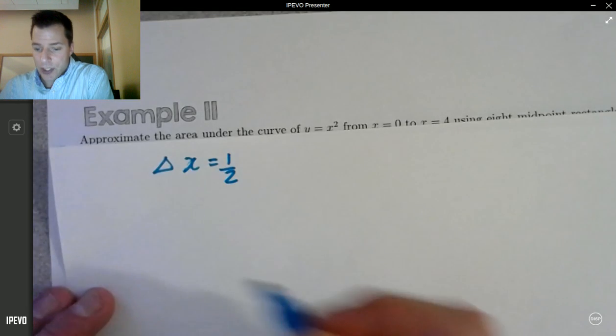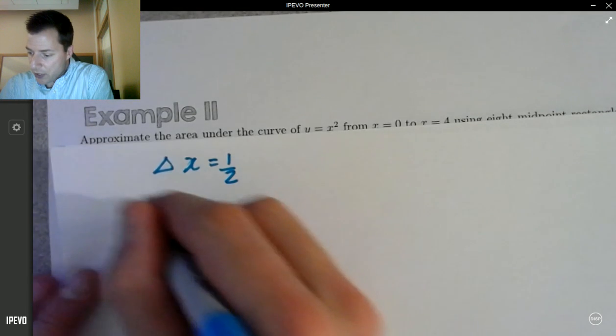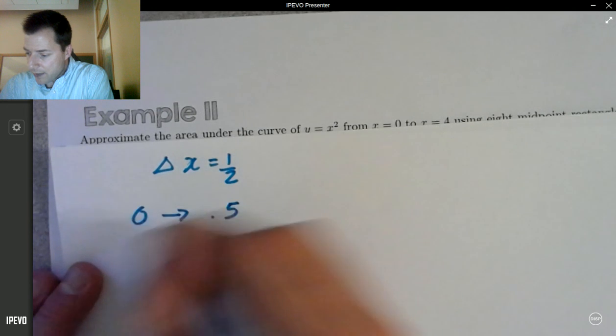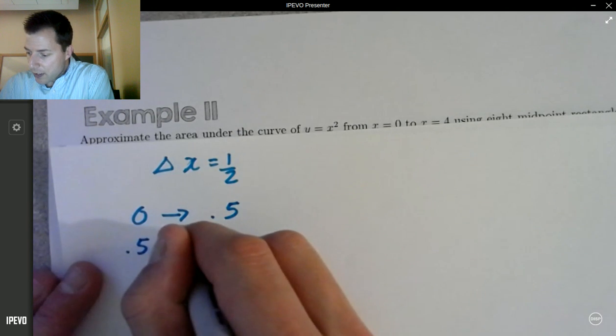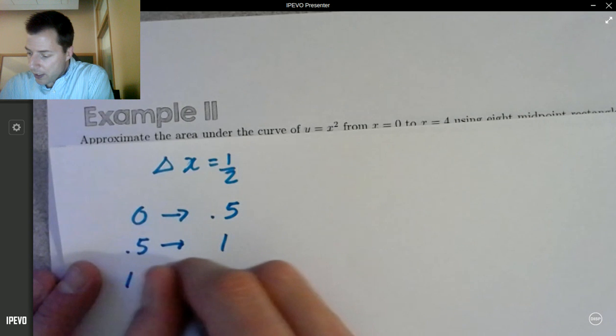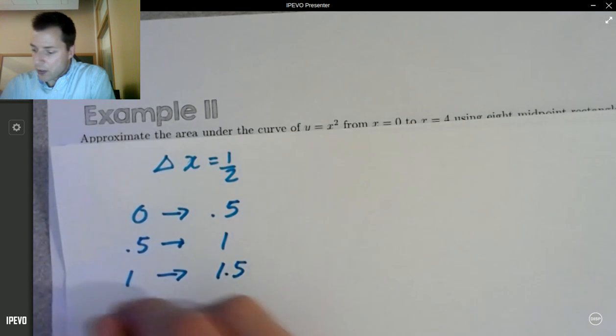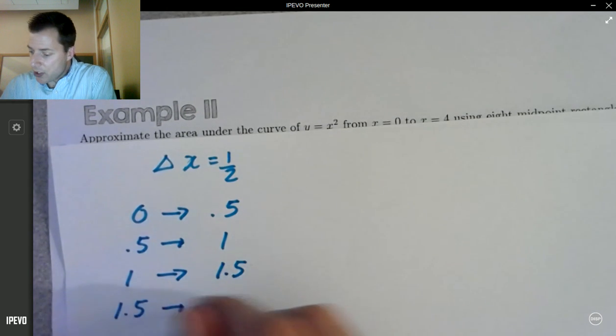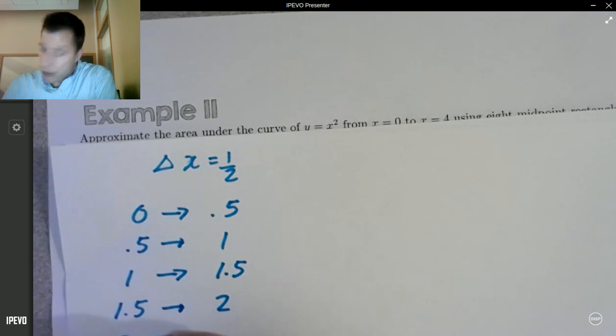If I list all those points: 0 to 0.5, 0.5 to 1, 1 to 1.5, 1.5 to 2, 2 to 2.5, 2.5 to 3, 3 to 3.5, and 3.5 to 4.